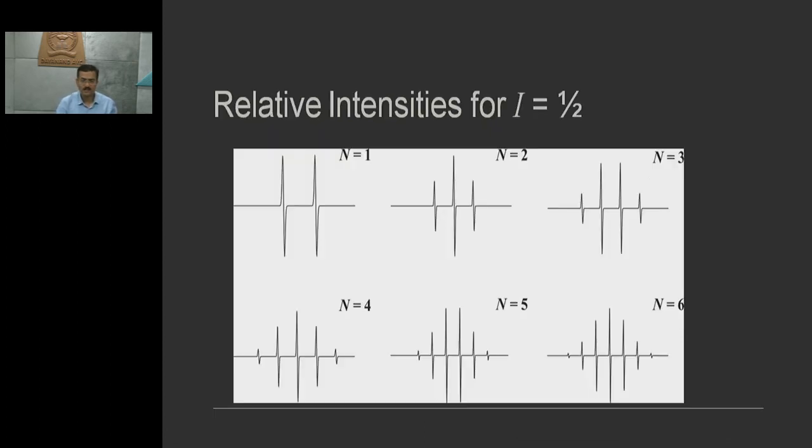Similarly, we go for the relative intensity for I equal to 1/2 and n equal to 1. We get 2 peaks, 3 peaks. N is nothing but an integer. With 2nI plus 1, n is equal to 1, I is 1/2, we get 2 signals. With n equal to 2 and I equal to 1/2, we get 3 signals. So that way we get the signals with respect to the spin of the electron, and n is an integer.